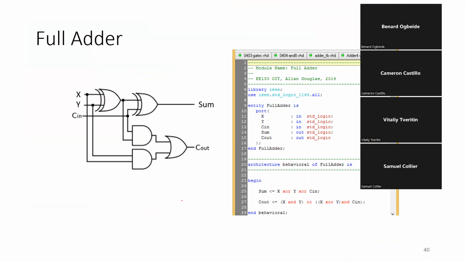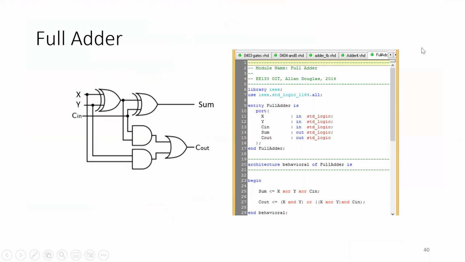Now let's convert this into VHDL. In this VHDL, what I'm gonna do is I am gonna make one full adder.